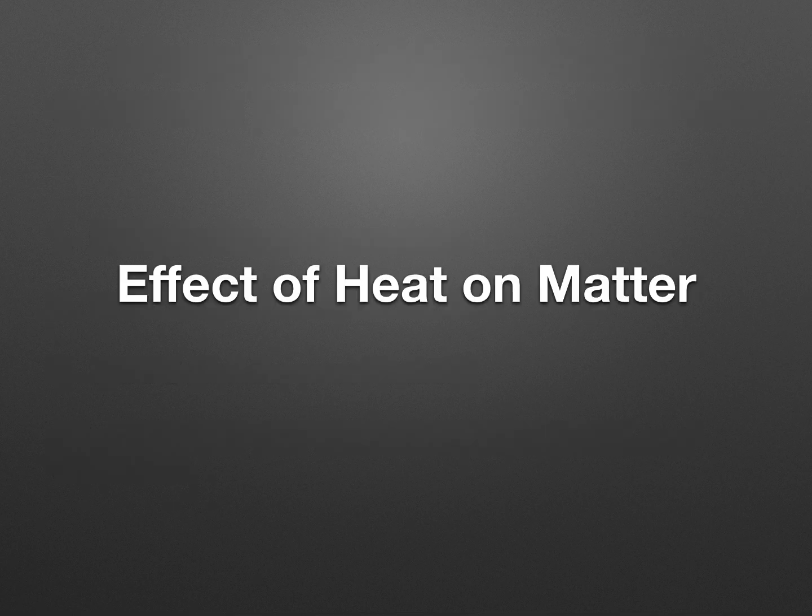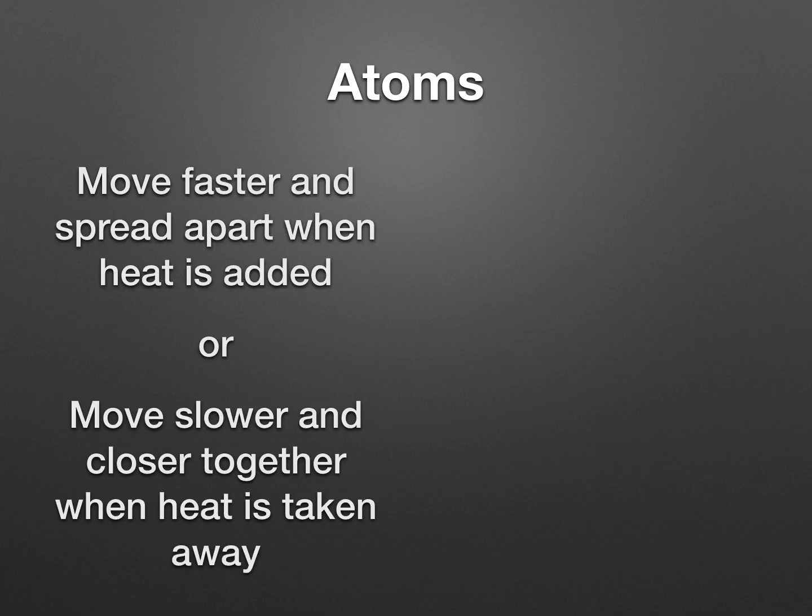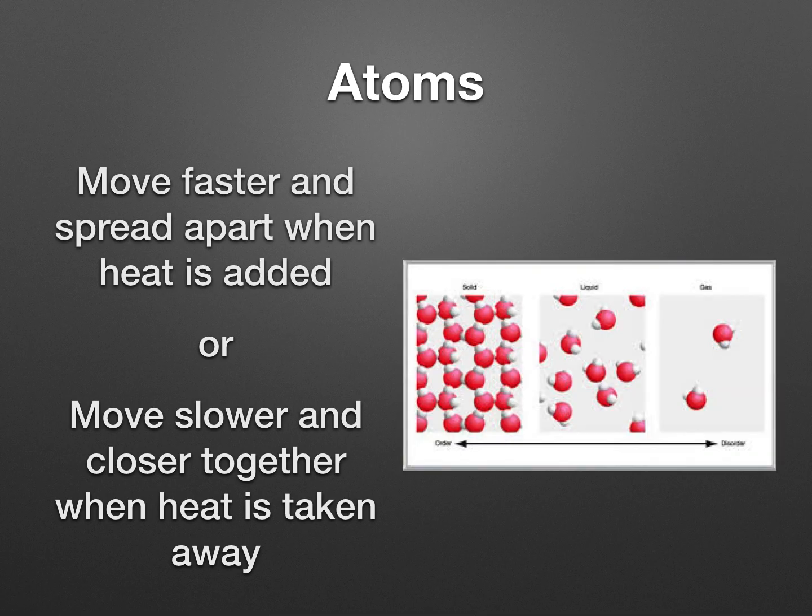Next, we're going to talk about the effect of heat on matter. This is a big emphasis on how it's different from what you learned previously in elementary school to what you're learning in 6th grade. So with atoms, atoms do 2 things. They either move faster and spread out when heat is added, or they will move slower and closer together if heat is taken away. So I'll show you the picture here of solids, liquids, and gases.